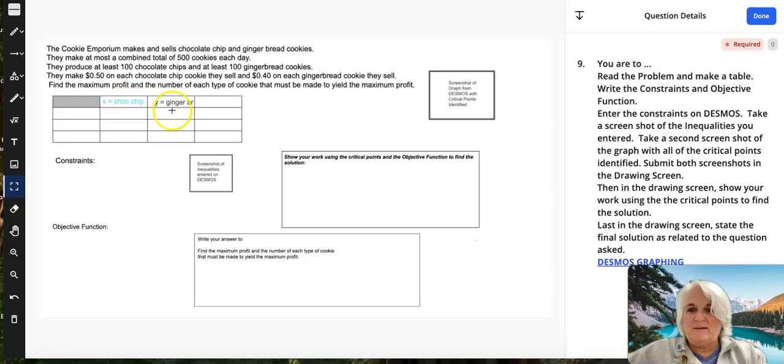Usually I put my X and my Y on the top, and you may have noticed that on the other ones. So they make at most a combined total of 500 cookies. So X would go here, and Y would go here. Yeah, that's really small. Click on that. There we go.